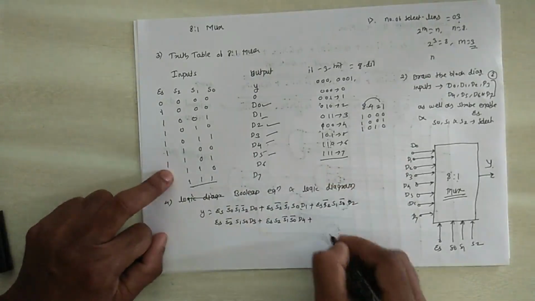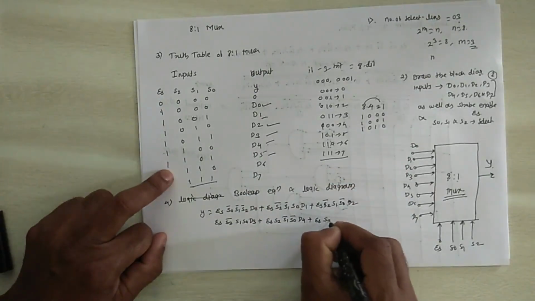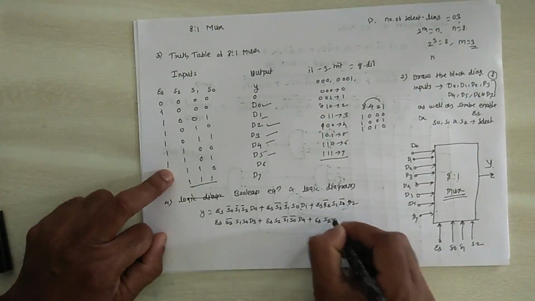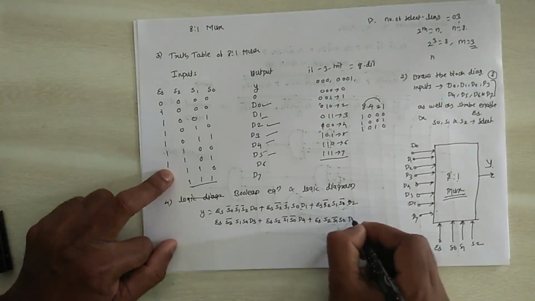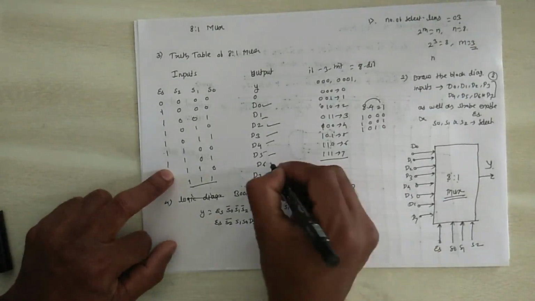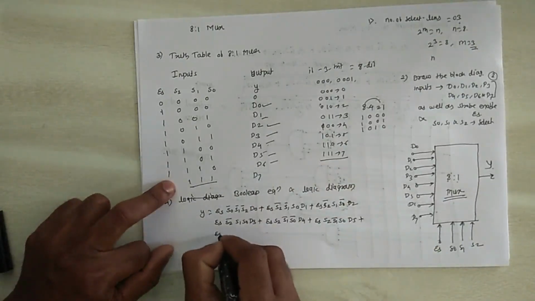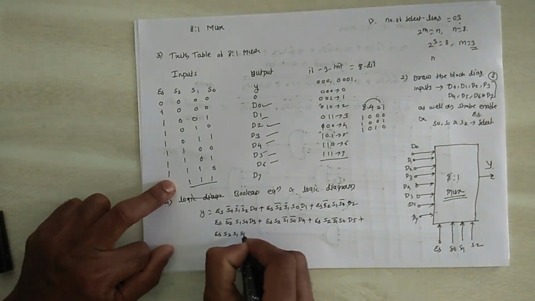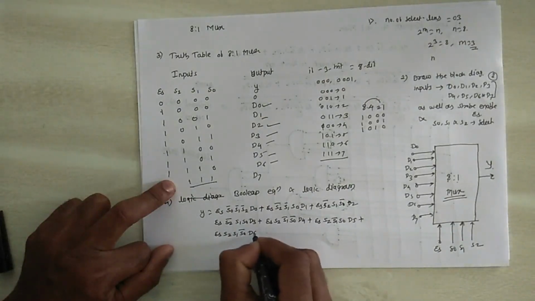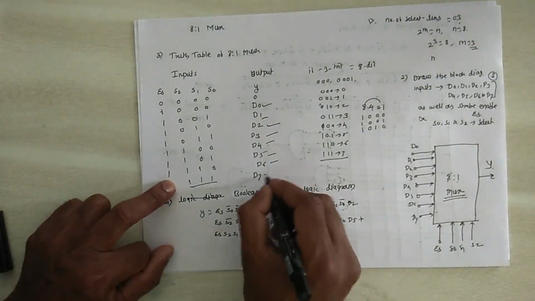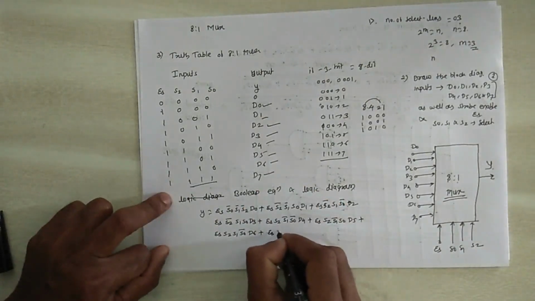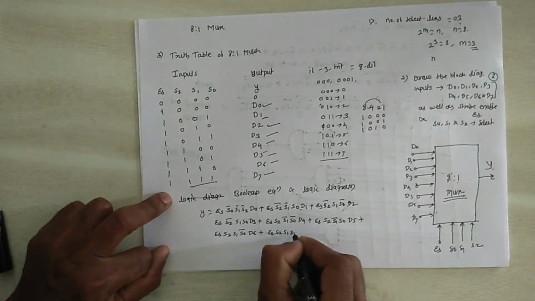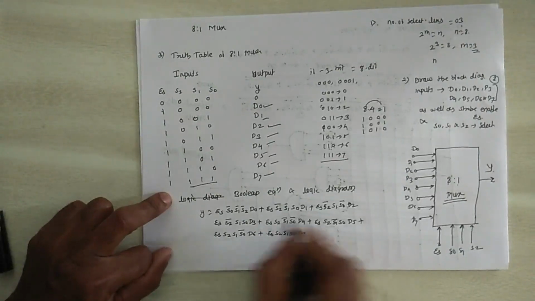For this D5, ES, S2, S1 complement, S0 and D5, plus for this D6, ES, S2, S1, S0 complement into D6, plus for this D7, ES, S2, S1, S0 into D7.